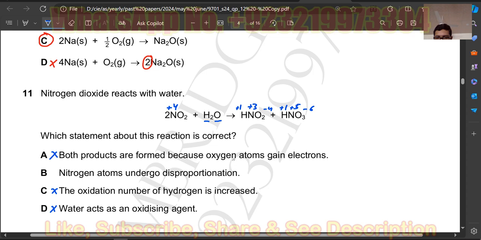So what we see is that the oxidation number of nitrogen has been changed from +4 to +3 and +5. So from +4 to +3 it is reduction, and from +4 to +5 it is oxidation, which indicates the definition of disproportionation. So yes, the right option is B.